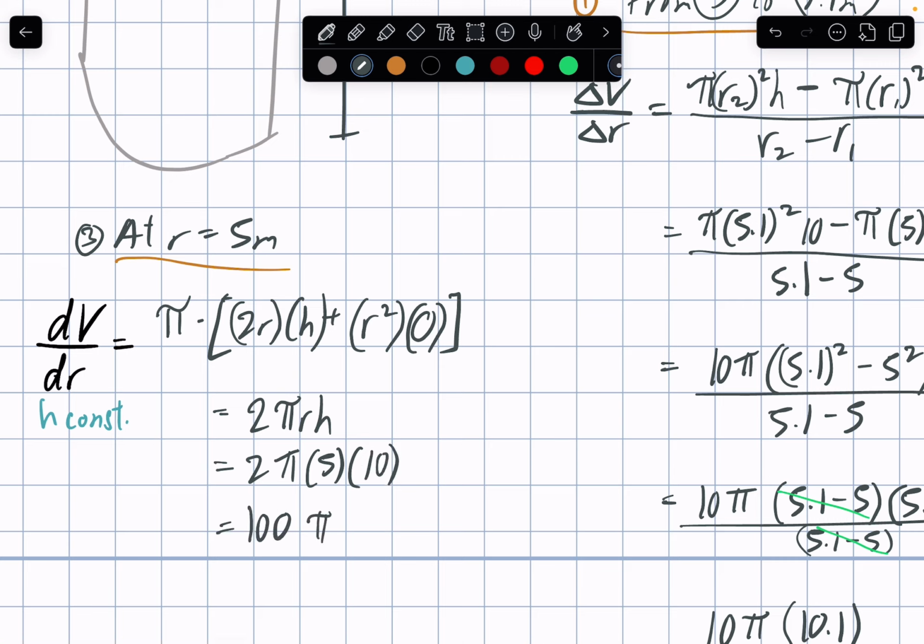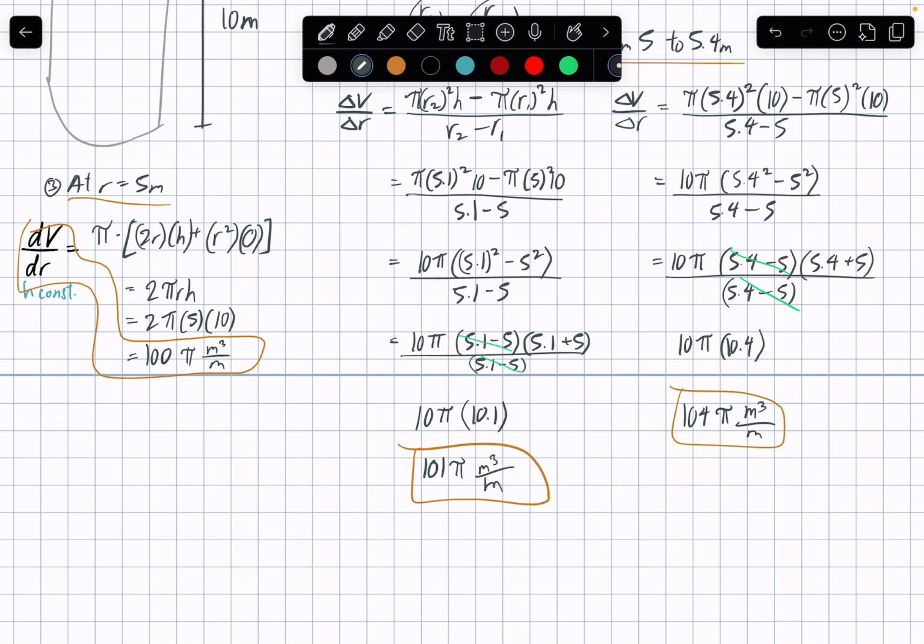The answer is 100 pi meters cubed over meters. Okay. What other practice questions do we have? One more example before we move on to related rates.